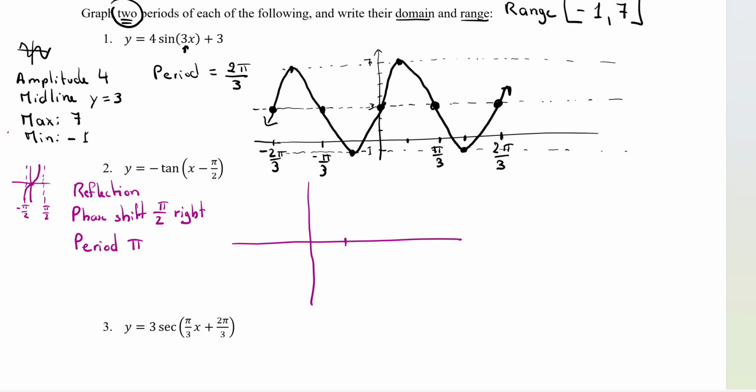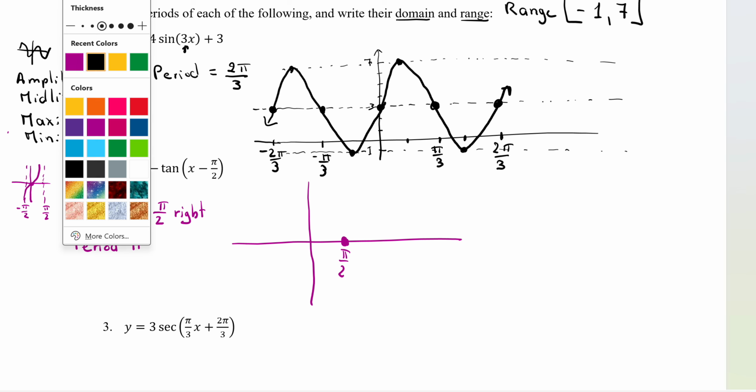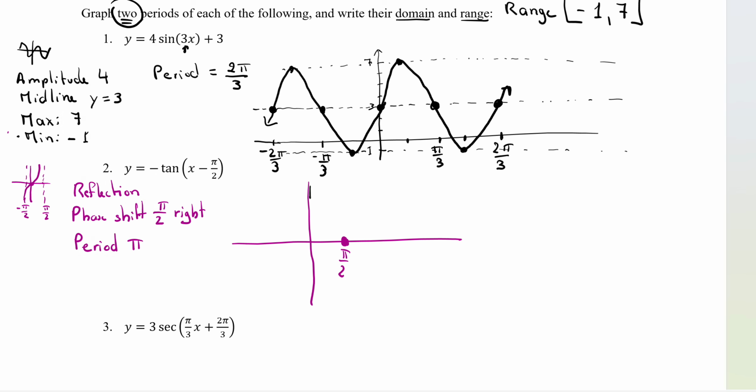So wherever that's going to be, pi over 2 here, I'm now going to be crossing right there. My y-axis becomes a vertical asymptote, and I have another vertical asymptote right here at pi, right? So this is at 0, this is at pi.